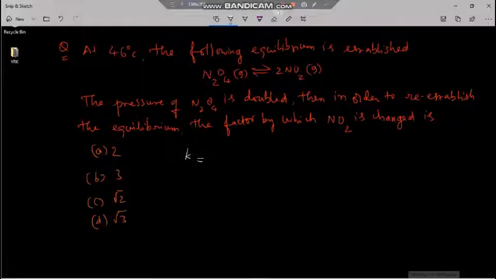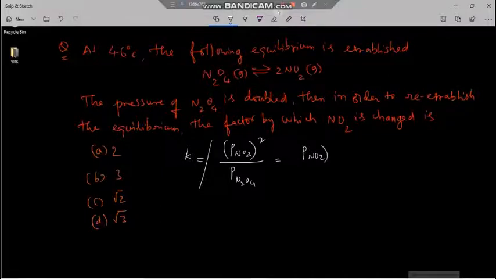The equilibrium constant is the partial pressure of NO2 whole power 2 divided by the partial pressure of N2O4. But to re-establish the equilibrium, it has changed to 2 times of N2O4, that is PNO2 whole square divided by PN2O4 2 times. So we can consider this as P dash, the second one.